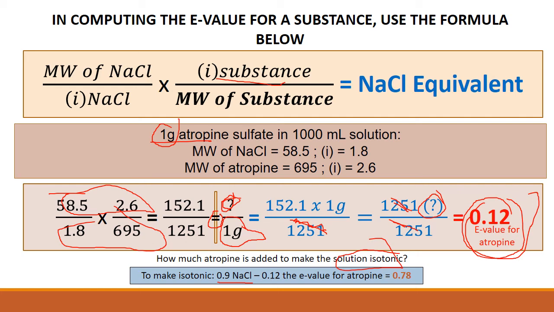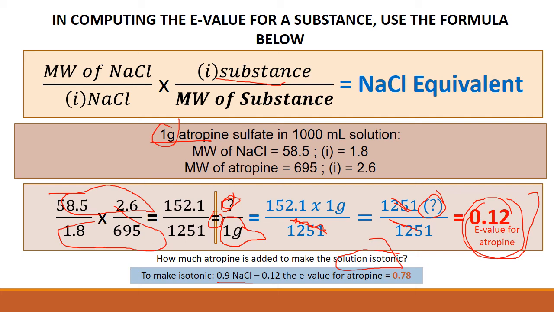So you have here the first problem: 1 gram of atropine sulfate in 1000 ml solution. The molecular weight of your sodium chloride is already the standard, 58.5, and the Van 't Hoff factor or the dissociation factor is 1.8, while the molecular weight of our atropine is 695 and the Van 't Hoff factor would be 2.6.